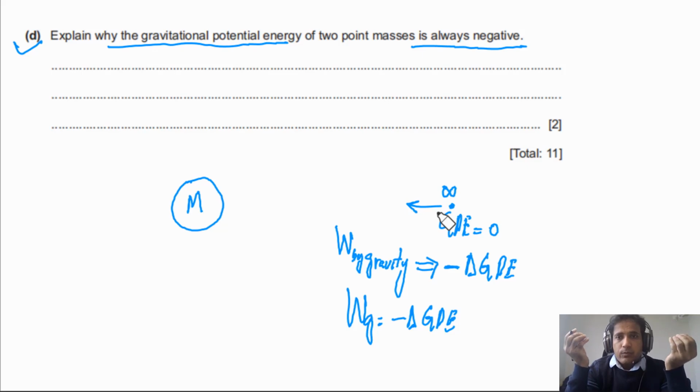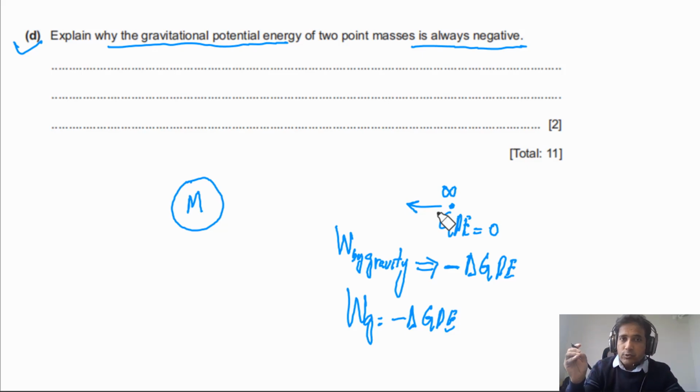So this is the point you simply need to understand, and this question is very common in past papers. So you have to be very clear how to answer this type of question. Sometimes they will ask why gravitational potential energy due to a mass is always negative. So here they make it a little bit tricky. Explain why the gravitational potential energy of 2 point masses is always negative. So this is the same case.